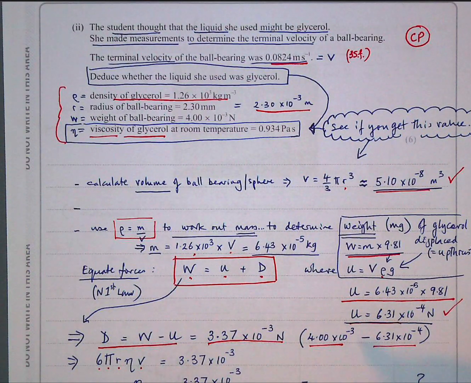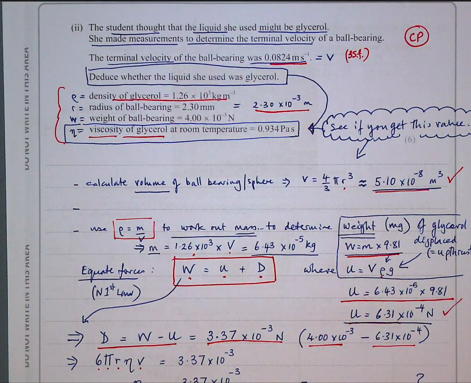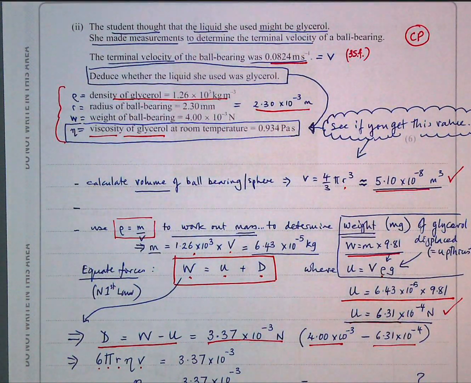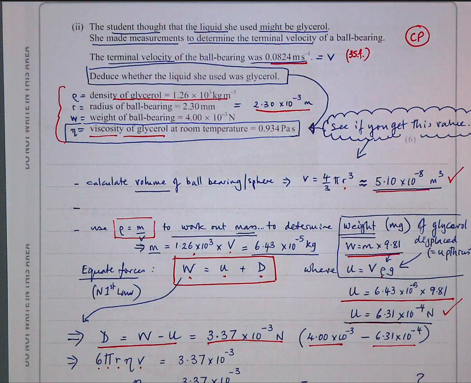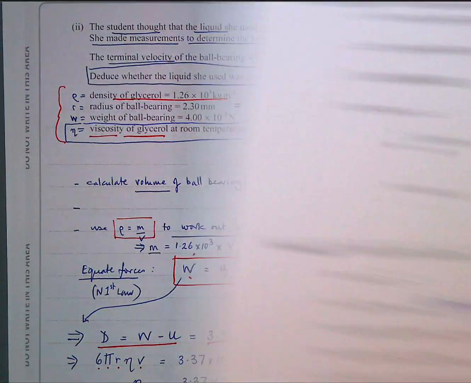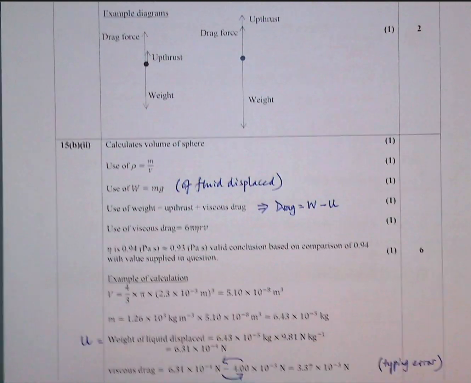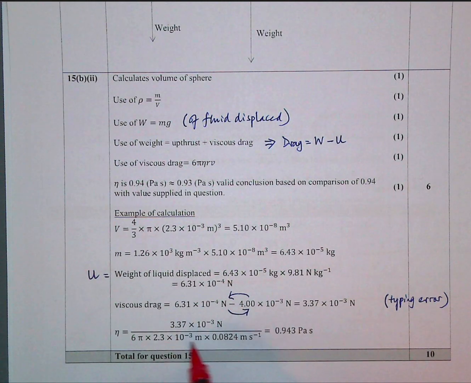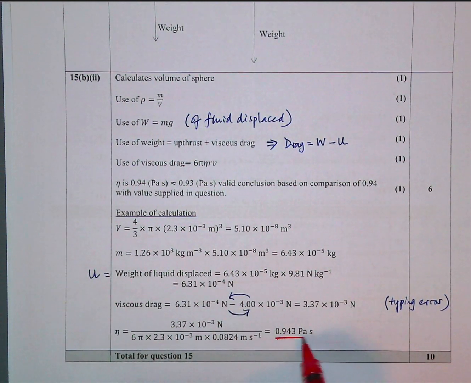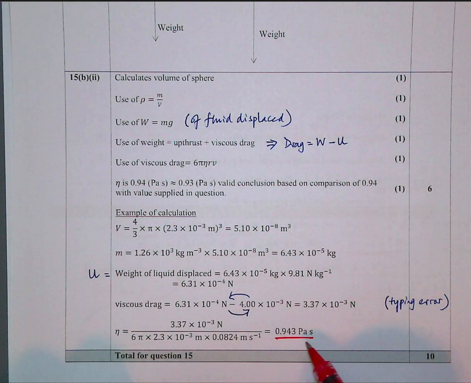You put the values in, you'll see what you get, and if it's close to the value here, yeah, then you have proven that it is glycerol. So we're looking for the answer. I didn't do the calculations, so I'm going to cheat and look at the mark scheme. We're on question 15, yeah, and when they've done the same calculation, they come up with the glycerol as being 0.943 Pascal seconds, yeah.